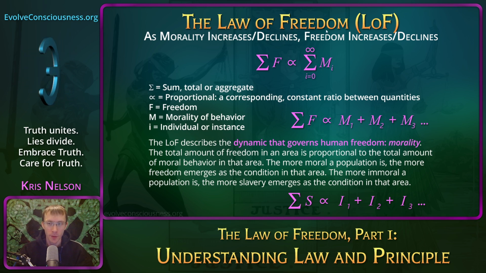As an example of how it works for freedom, the total amount of freedom is proportional to the instances of morality, or individual 1, 2, 3, onward and onward, added up. And the same for slavery. It's the instances or the individuals who create immorality, and how many there are is how much slavery you're going to have in that area.